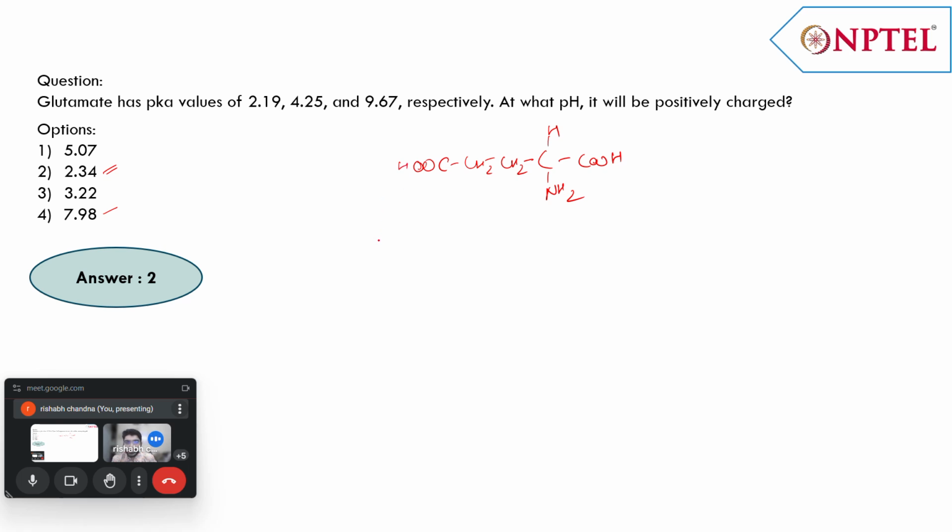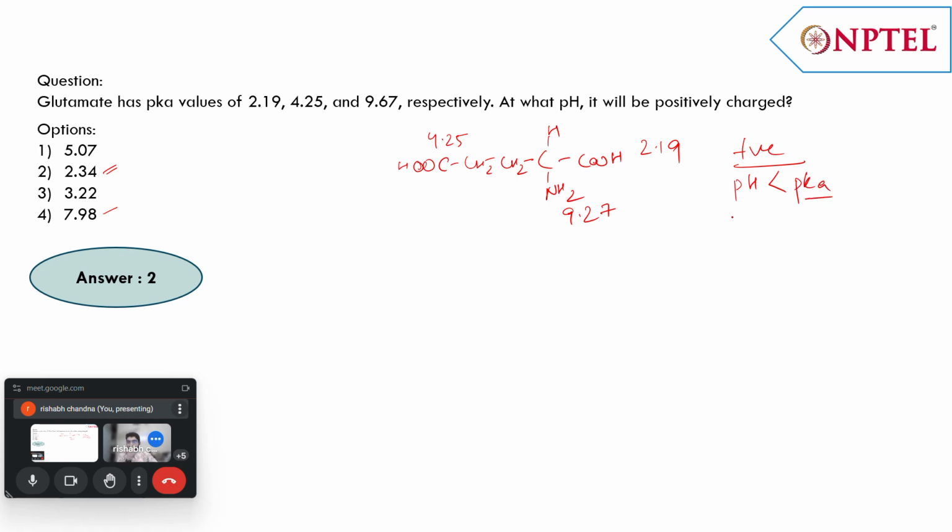a glutamic acid. Now if this has a pK of 2.19, this is 4.25, and this is 9.27. Now, for the glutamate molecule to be positively charged, the pH must be less than the pK values or the pI.